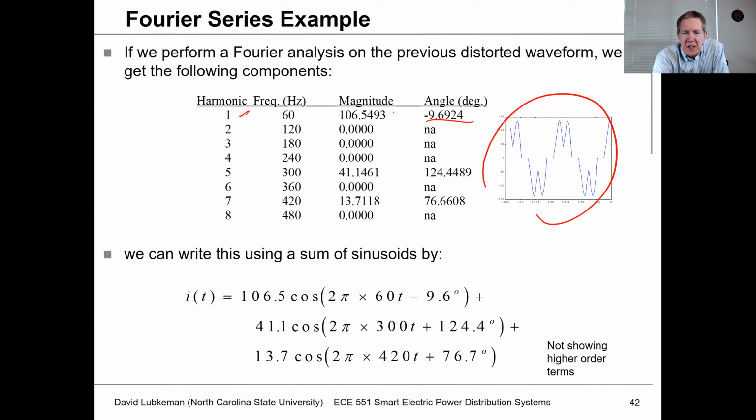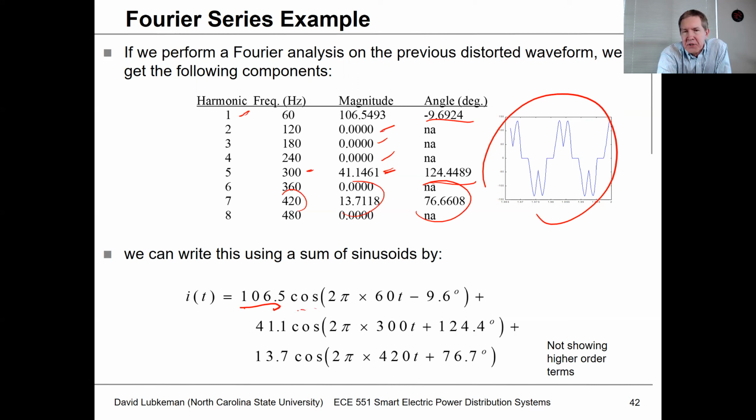There would be not much second, third, or fourth harmonic. At the fifth harmonic, the 300 hertz frequency, I've got a magnitude of 41.14 at an angle of 124 degrees. At the seventh harmonic, which is 420 hertz, I've got a magnitude of 13.7 at an angle of 76.7 degrees. If I were going to write this current using a Fourier series representation, then I've got the magnitude of the fundamental.